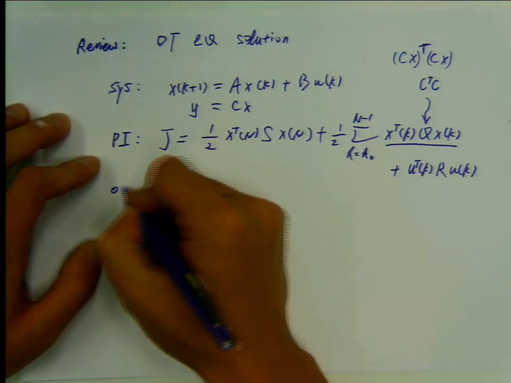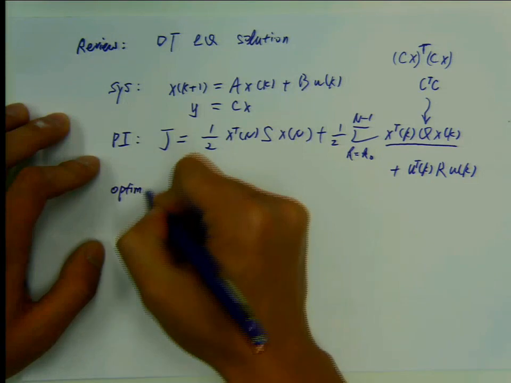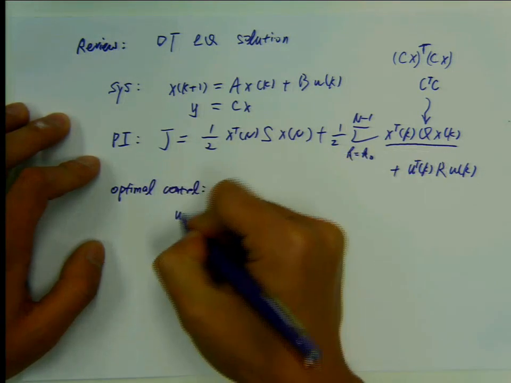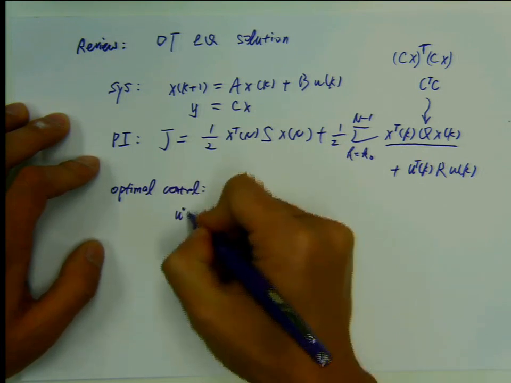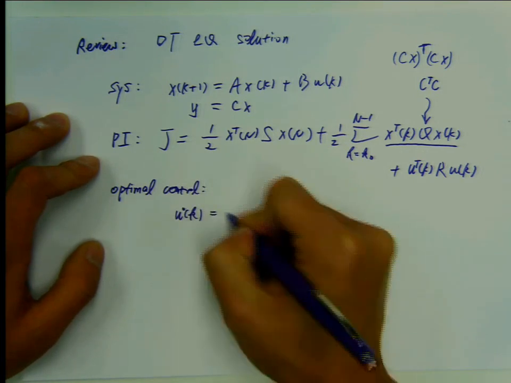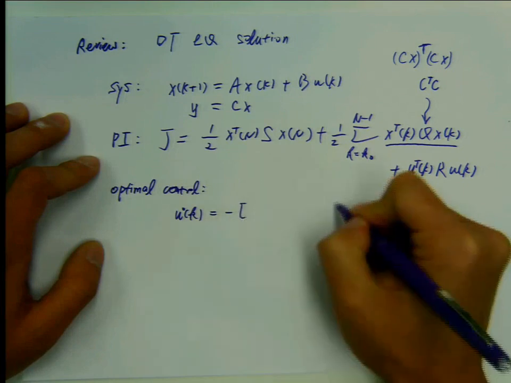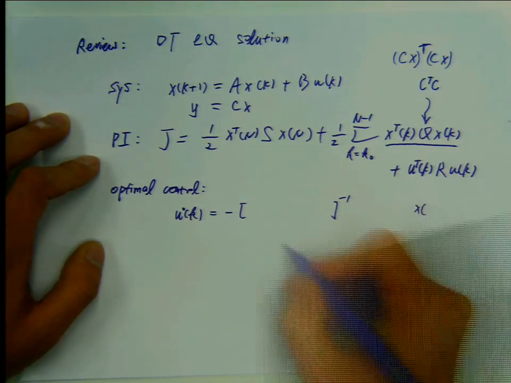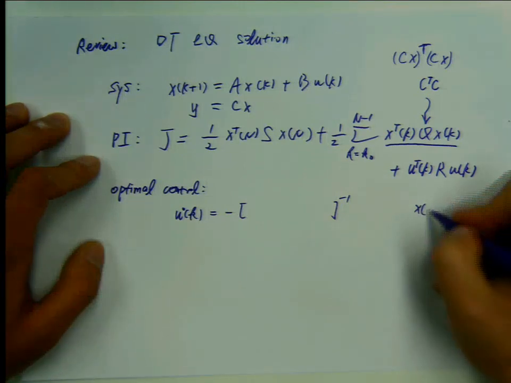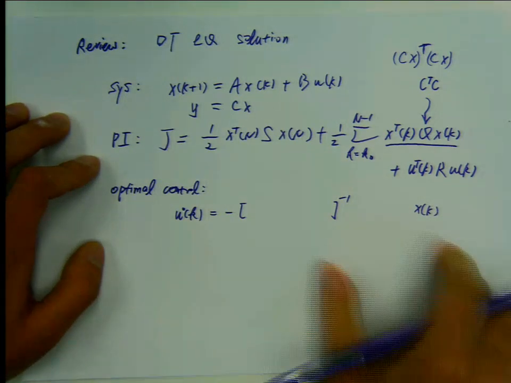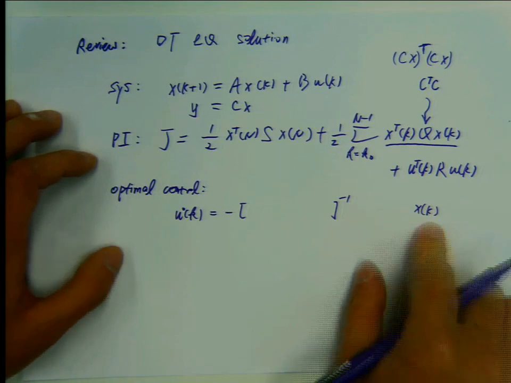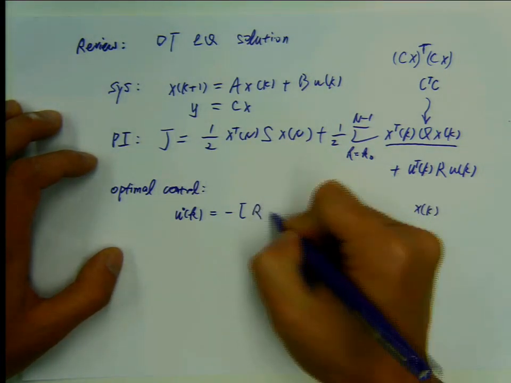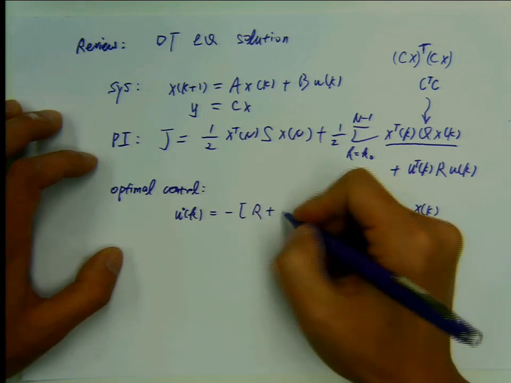The optimal control law is this: U optimal at each time index equals negative... This is what I usually do. I write down the structure first, and then I fill in the blanks. It's a state feedback control law. And above here are a bunch of matrices that we derived last time.